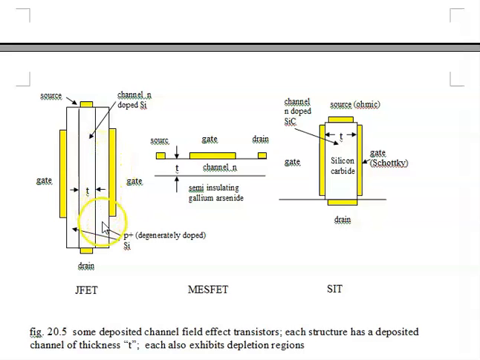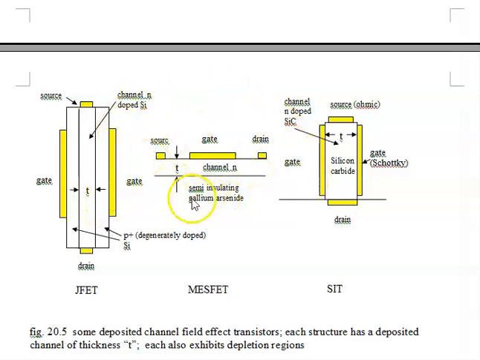In a PN junction we always have depletion regions at the two sides. So we control the gate voltage. We can either squeeze the channel or open the channel by putting a forward or reverse bias on the gates. Forward bias, we open the channel. Reverse bias, we squeeze the channel shut.